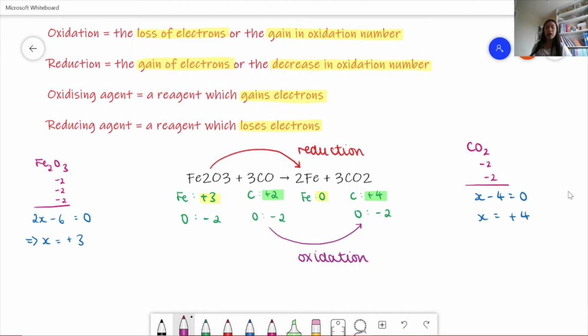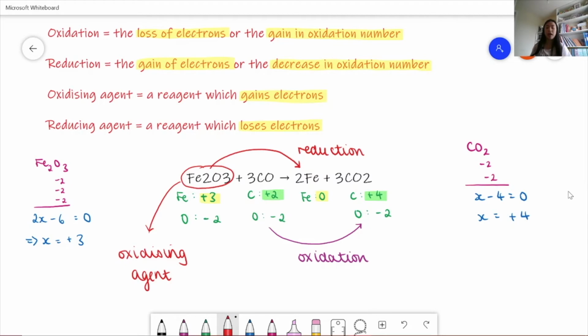And so we can find the oxidizing agents and the reducing agents. The oxidizing agent would be this Fe2O3 because it's reduced itself. What it's done is it's taken away electrons from the carbon monoxide to oxidize it, and it's going to be reduced itself.